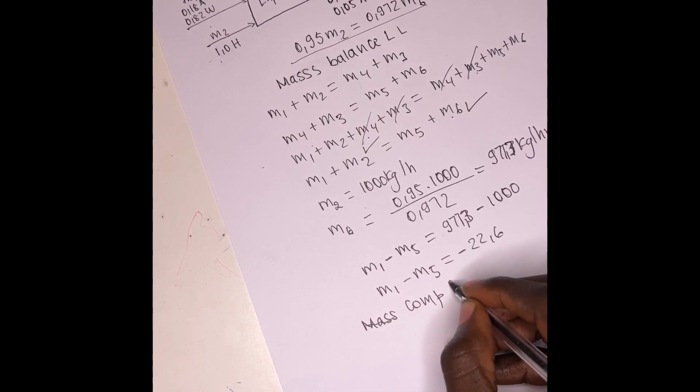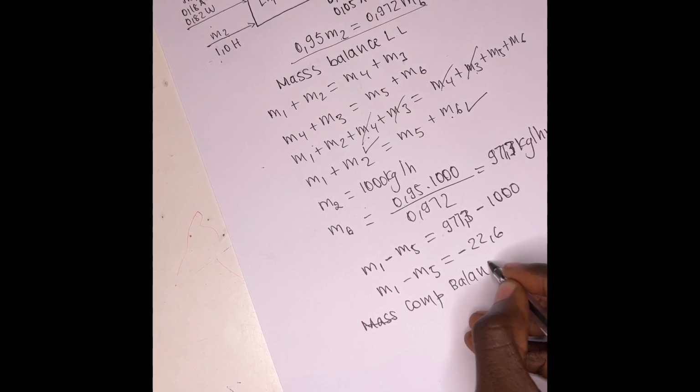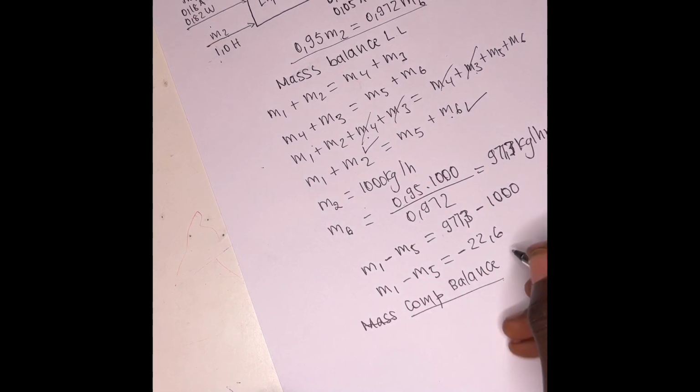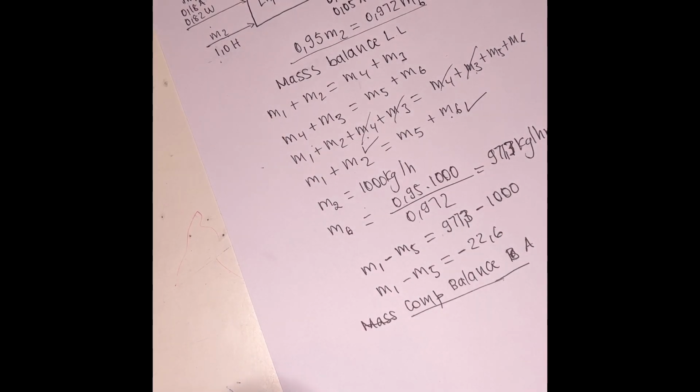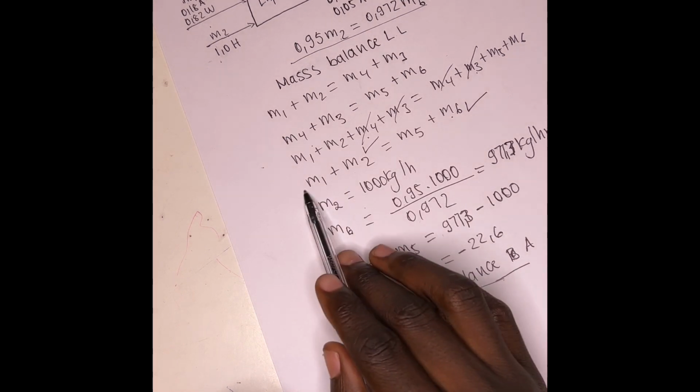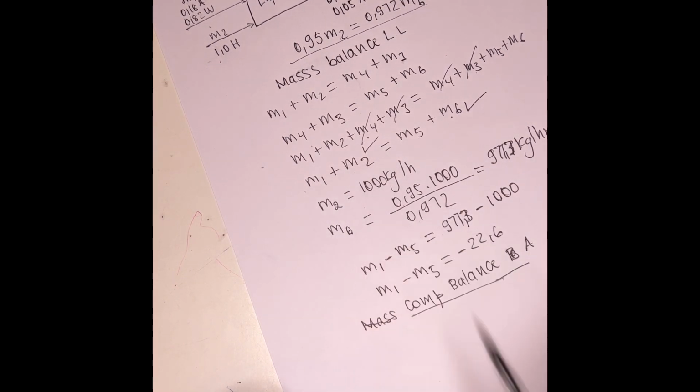I'm sorry, guys, we already did the mass balance. Component balance. You're going to start with which one? Anything. Like here, we're going to start with A, or if you want, you can start with anything you want. So which equation am I focusing on? I'm focusing on this equation because this is the overall of everything.